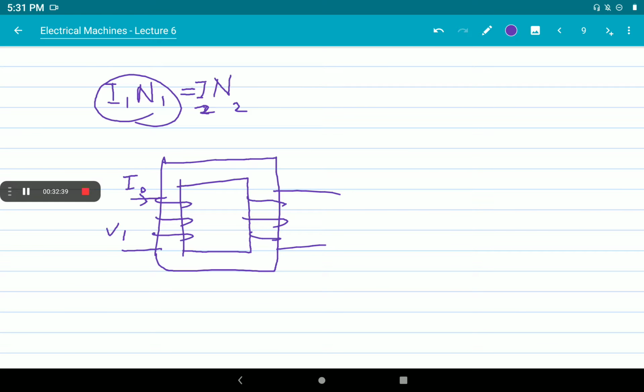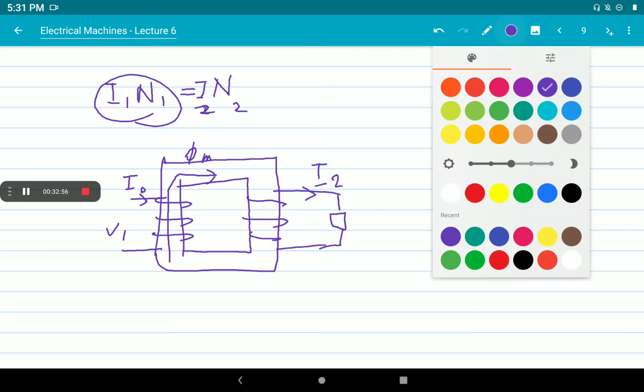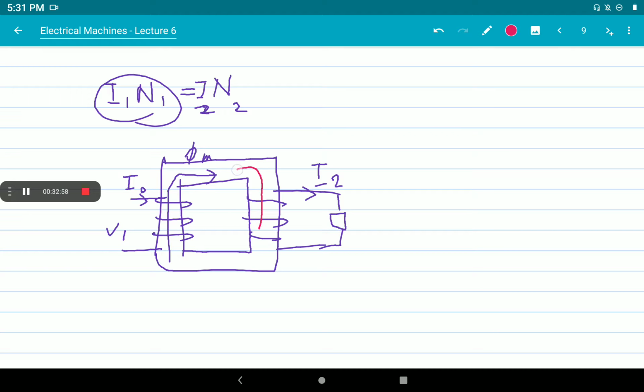When a load is connected, there will be a current flow I2. Initially there is a flux, the magnetizing flux phi m, produced by the current flowing in the primary. When current starts flowing in the secondary winding, another flux, phi 2, comes into action. It will try to nullify, reduce and collapse the phi m. So the primary has to produce another current I1, which will be larger than I0.